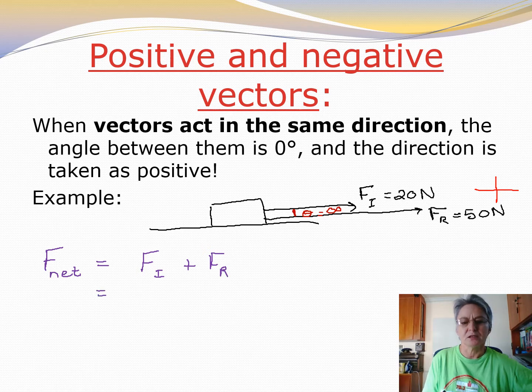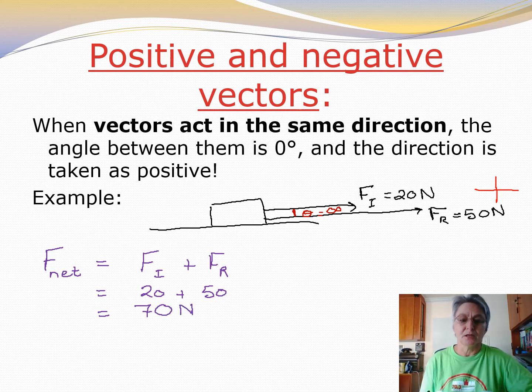So that takes us to 20 newtons plus 50 newtons, and that gives us an overall force, the resultant force, of 70 newtons. I'm jumping ahead here with my explanation.